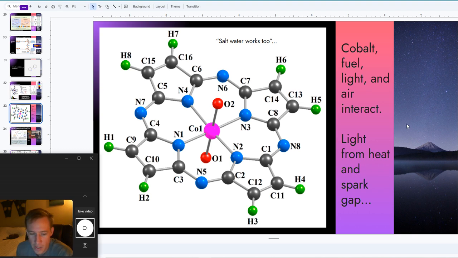So this is how NASA makes water for astronauts. Did you know that? They use light and acid and the atmosphere or gases floating around. That makes water.